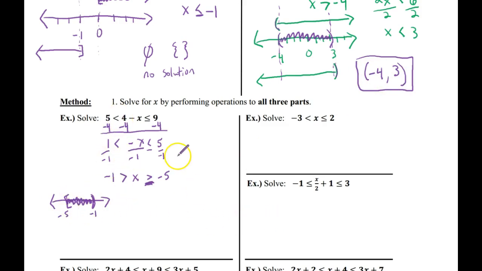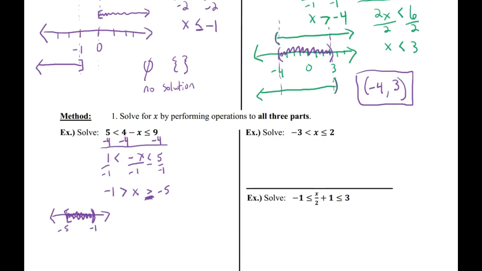The other way is to break it up into the conjunctive statements. You could say 5 is less than 4 minus x. So taking everything up to this inequality, that's 1.